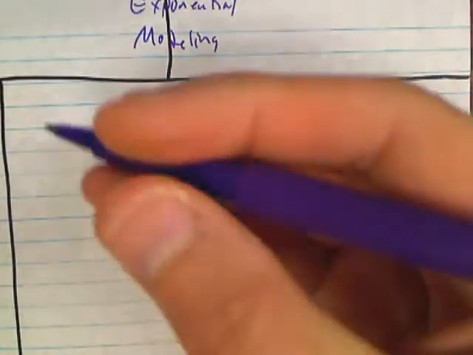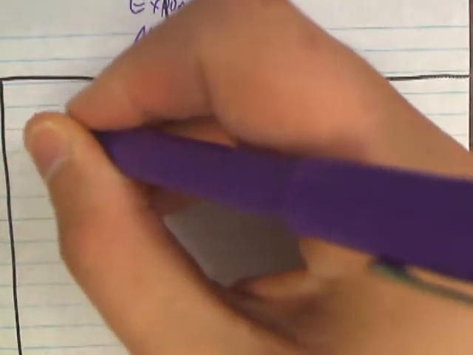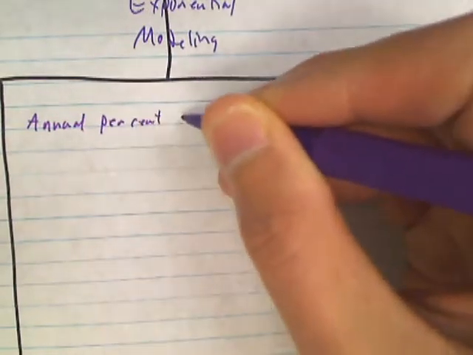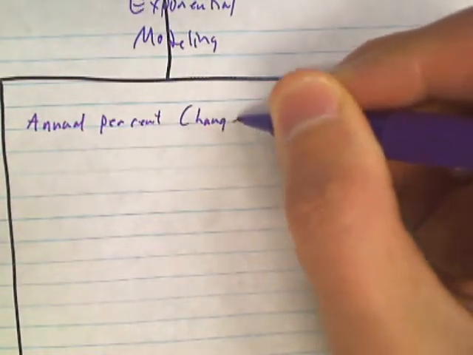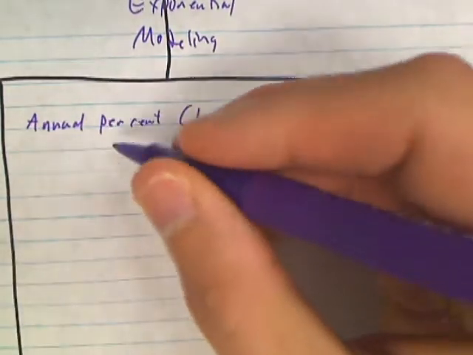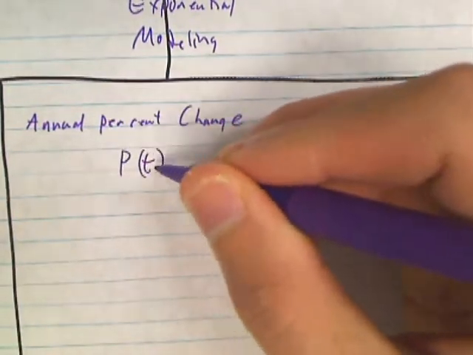That's a little better. Okay, so exponential modeling. Let's do annual percent change. I'm going to use the function P here in terms of a population.